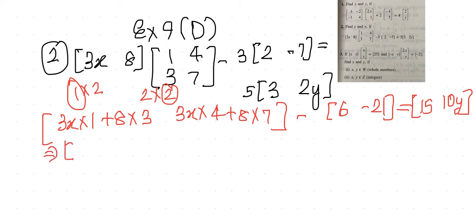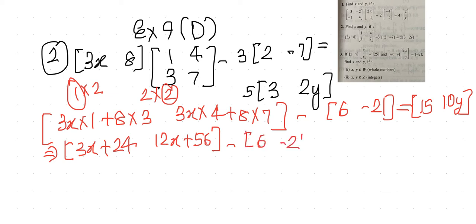So write down, this implies 3x into 1 will be equal to how much children? It is understood that it will be equal to 3x only. So write down 3x plus 24, and on the other side you will have 12x plus 56, and minus, here you have already written 6 and minus 21, and this is equal to 15 and 10y.